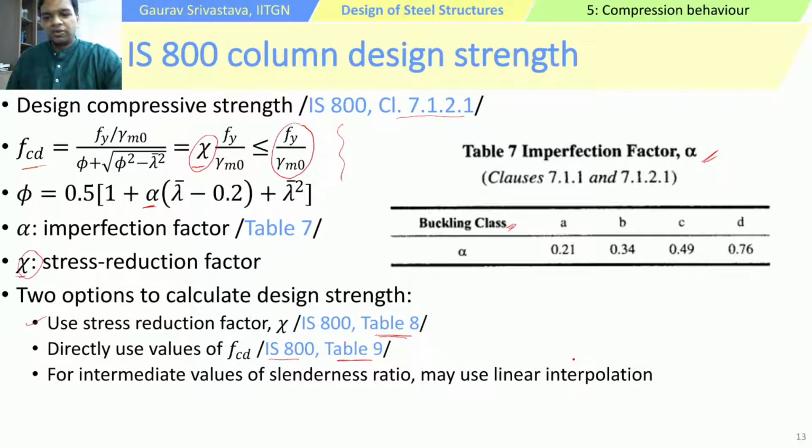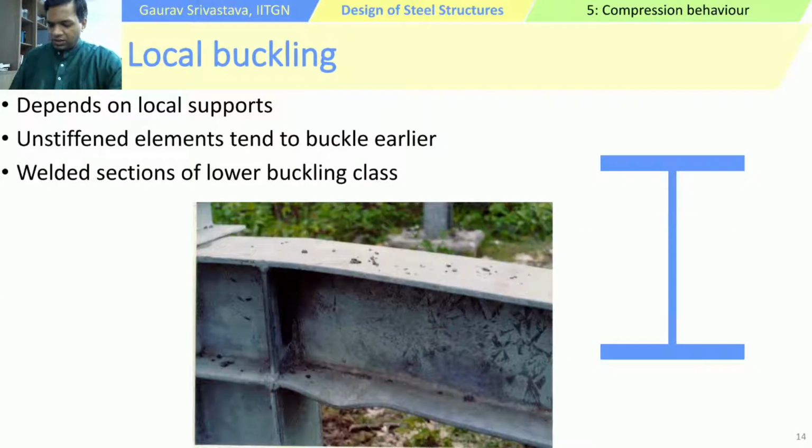Now let us move on to discuss a little bit about what these buckling classes are. In reality, before global buckling can happen, there are two possibilities. Either global buckling is achieved, which is what we were seeing when we were doing experiments with this ruler, that if we apply enough compressive force, it will begin to bend. This is the global buckling phenomenon.